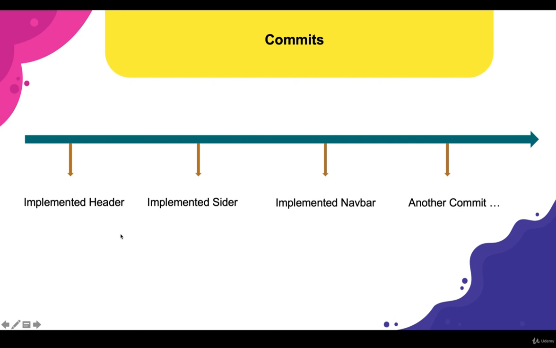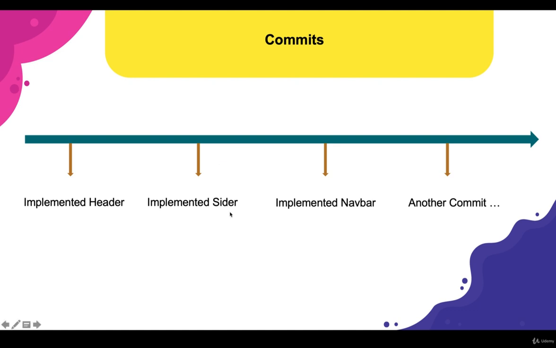You can create as many different save files and then return to different save files that you want to at any given point. Commits are a little bit like that, just simplistically, in the most basic form.